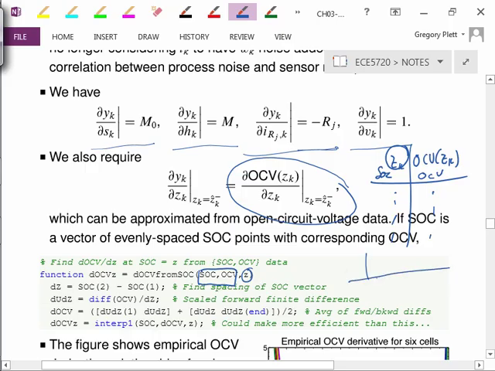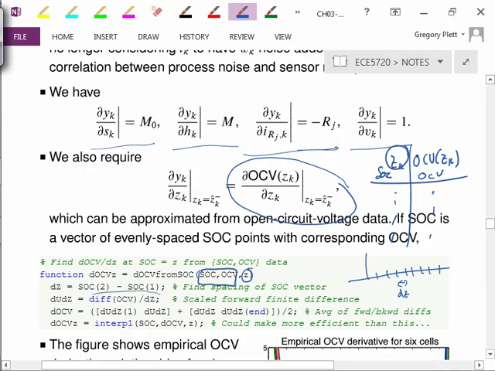I'm assuming that the table entries are evenly spaced in SOC, so the difference here, dz, is the difference between any two of them, so it's SOC2 minus SOC1 in my table. And I'm going to use a forward and a backward difference method and average them together, which is basically a central difference, in order to find the derivative approximation.